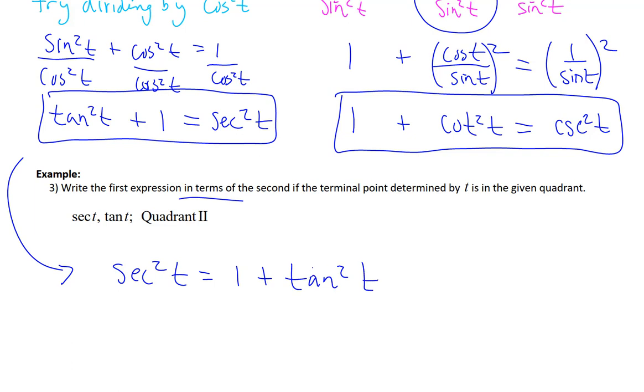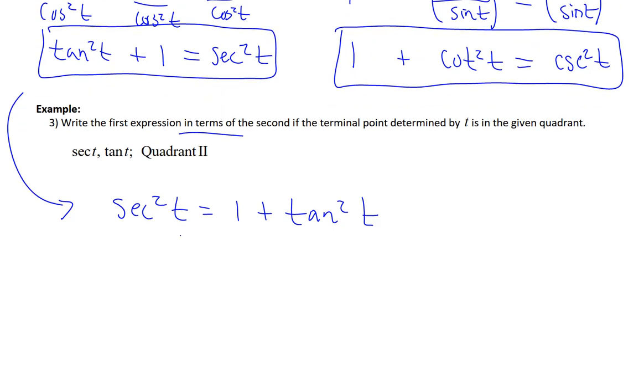And so there is us writing secant squared in terms of tangent squared, but that's not quite what we're asked to write. We want to write the first in terms of the second. This is secant squared, and they gave us just secant as the first one. So the question is, how do we solve for secant if we have secant squared? Well, we could just take the square root of both sides of this equation.